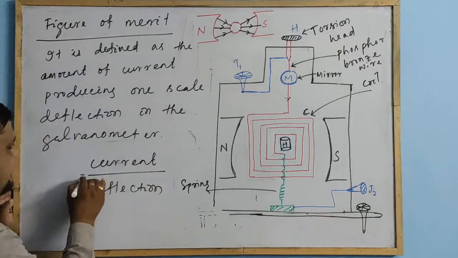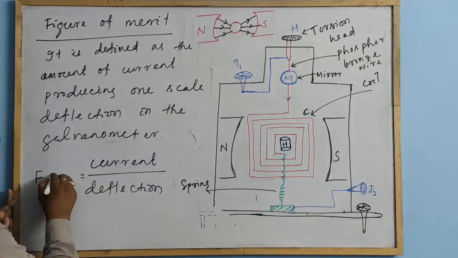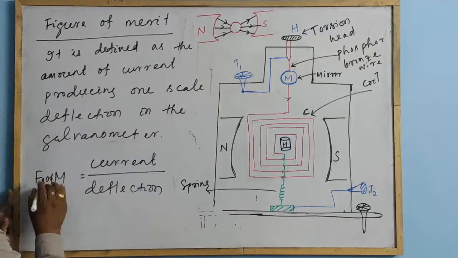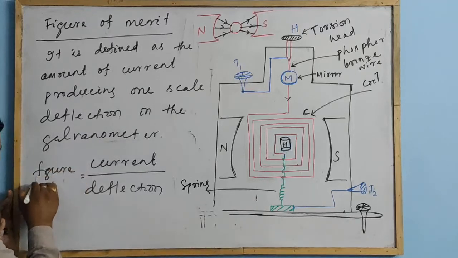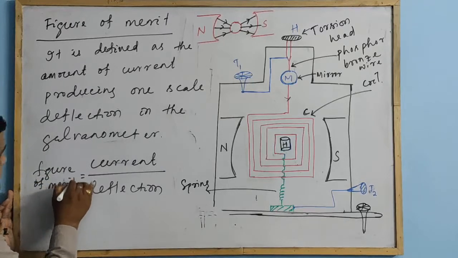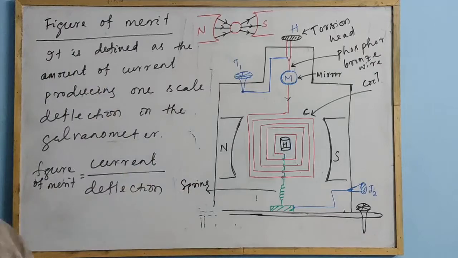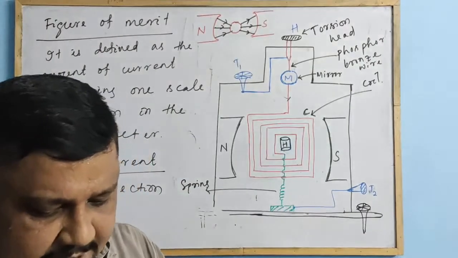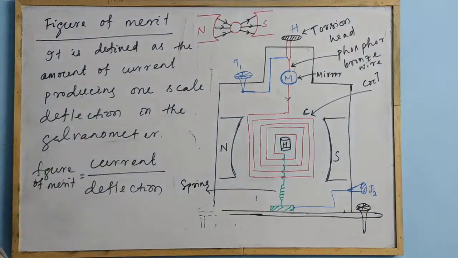Current divided by the deflection is called the figure of merit. If I ask what is the figure of merit of a moving coil galvanometer? Current per deflection. This is also called the figure of merit.